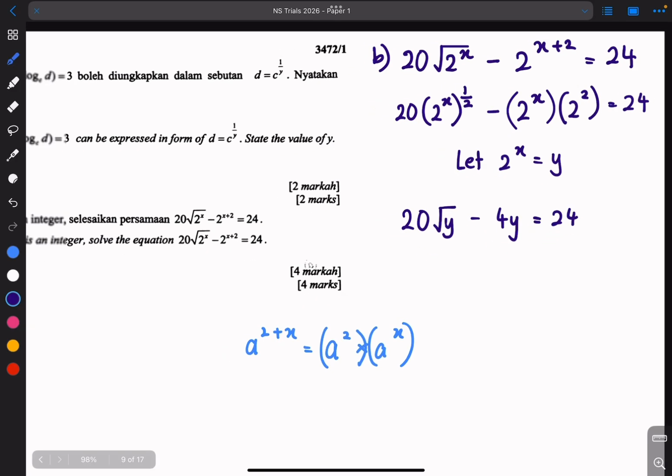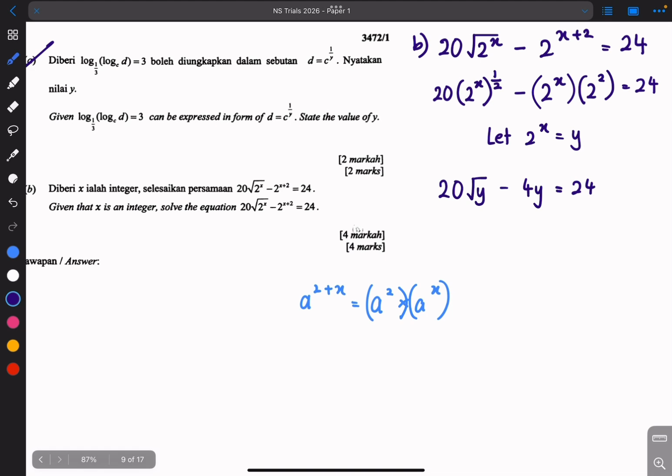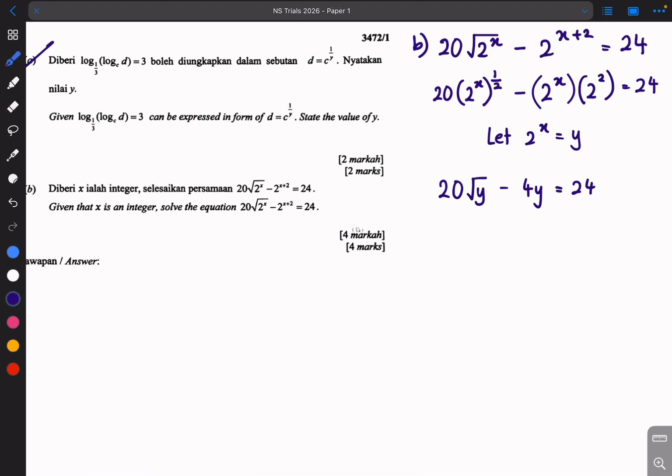So here we are dealing with a square root. The easiest way would be leaving the square root on one side. We bring the 4y over here, and then we square the whole thing. So when we square, we'll get rid of the square root.